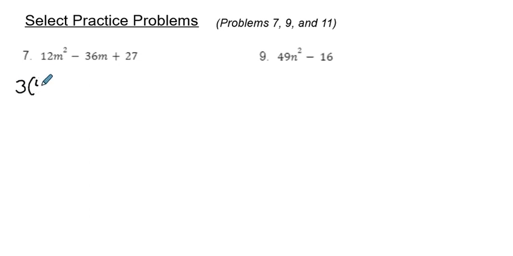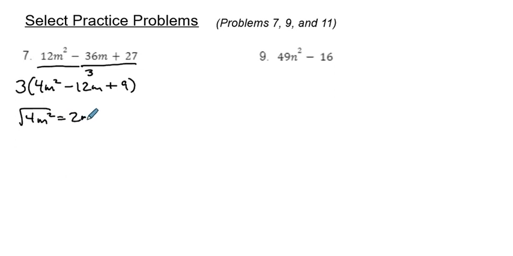So when I do that, I get 4m squared minus, and 36 divided by 3. Pretty much what we're doing is dividing everything by 3. 36 divided by 3 is 12m, and then 27 divided by 3 is 9. Once you see that, hopefully you see that 4m squared is a square term, because I can take the square root of that and get 2m.